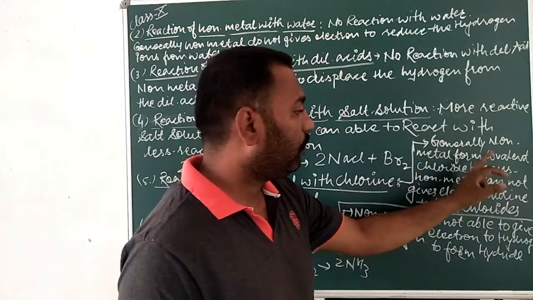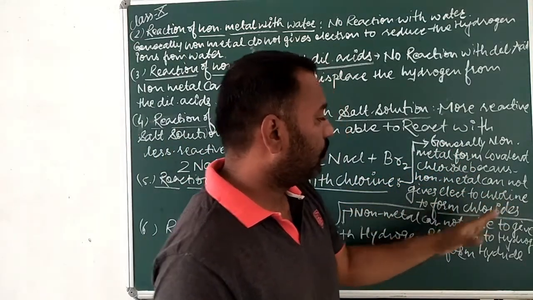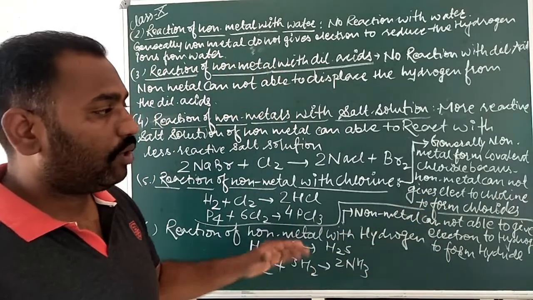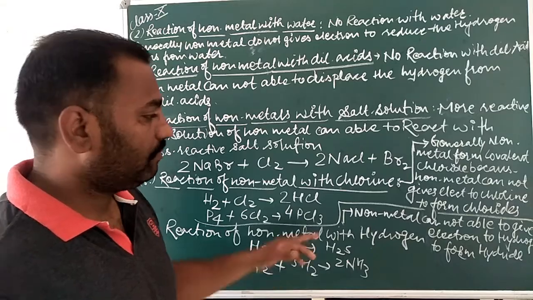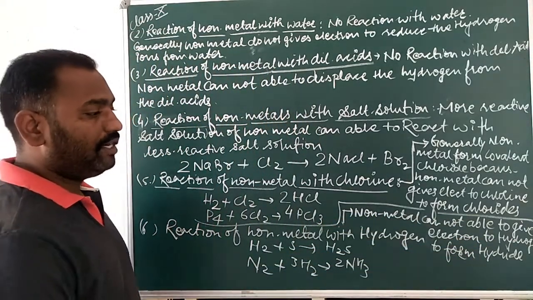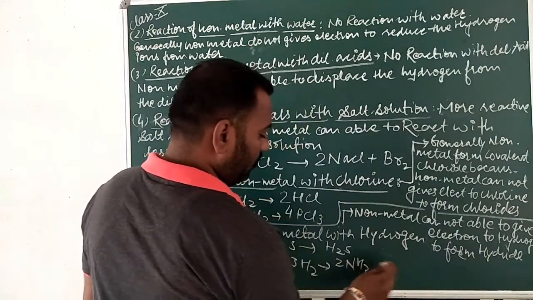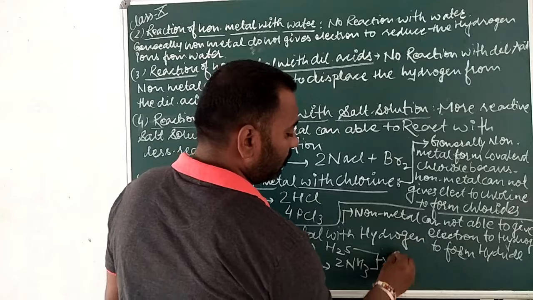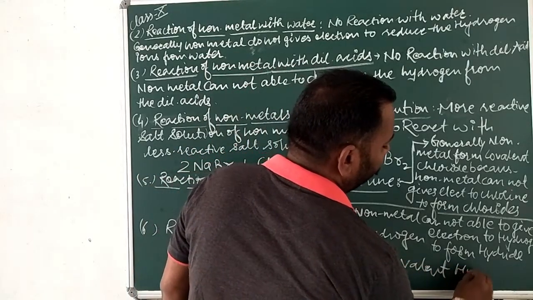Generally non-metals form covalent chlorides because non-metals cannot give electrons to chlorine to form chlorides. And non-metals cannot give electrons to hydrogen to form hydrides. That's why they form covalent hydrides. So both are named covalent hydride.